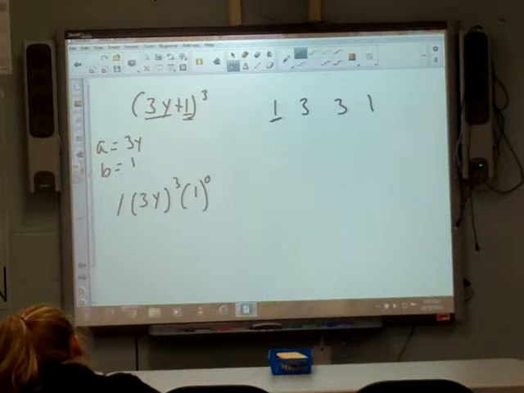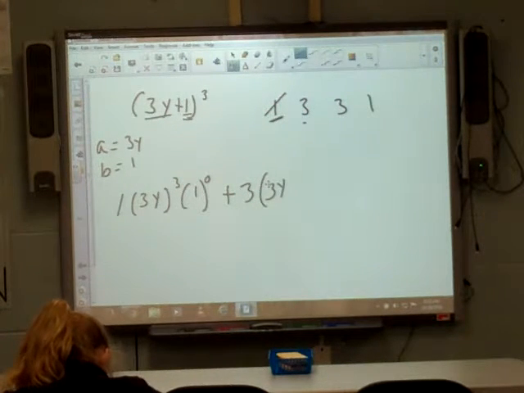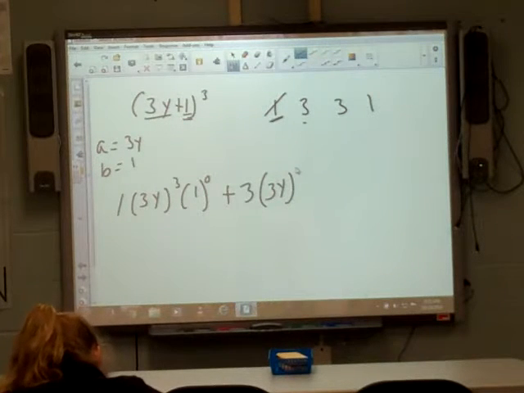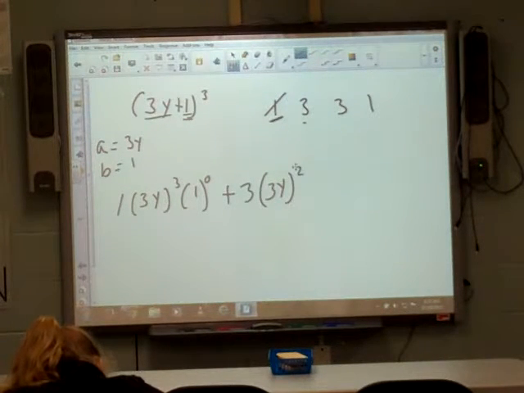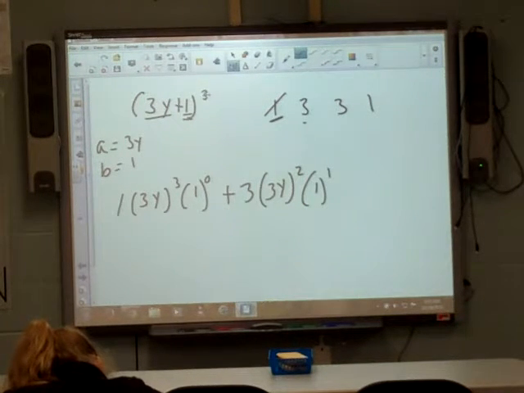That was my first coefficient there. Alright, so we're done with that one. Now my next coefficient's 3, so I'm going to say plus 3 times A to the second, because my A's are going down, 3, 2, times B to the first. Now remember your powers, you have to add to the power. Our power's 3. 3 plus 0 is 3. 2 plus 1 is 3. So far, so good.